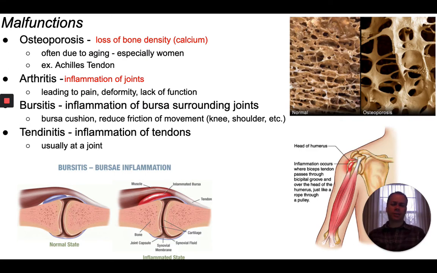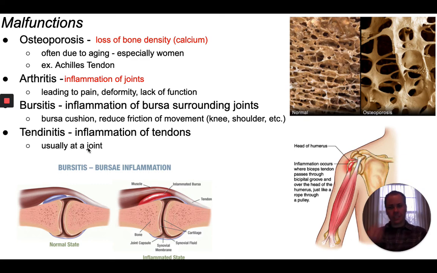As I talked about, because I have less cartilage in my knee, over time it's likely that I would develop arthritis because of the inflammation that might arise from those bones rubbing together. You may have heard of bursitis. The bursa are sacs around the joints which cushion them, and they have fluid in them. Sometimes they become inflamed and lead to pain and difficulty in movement.